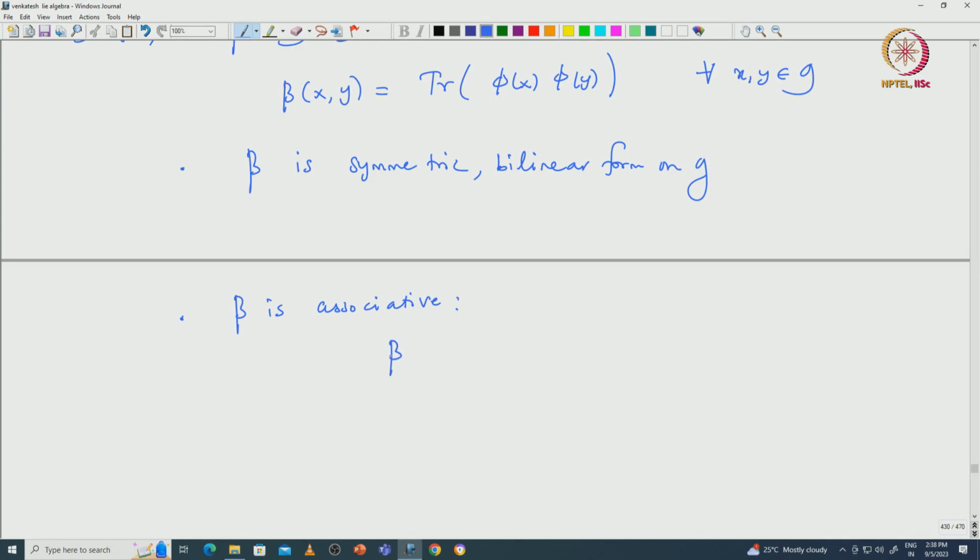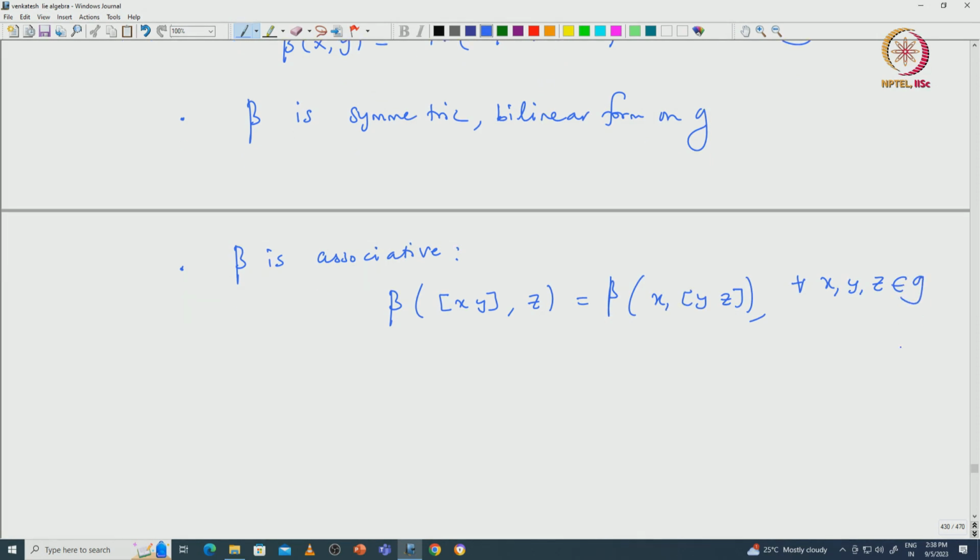If we compute beta of the bracket [x, y] comma z, this has to be equal to beta of x comma the bracket [y, z]. We have already seen an application of this associativity when dealing with the Killing form. One important application is that the radical of this bilinear form must be an ideal inside your Lie algebra.